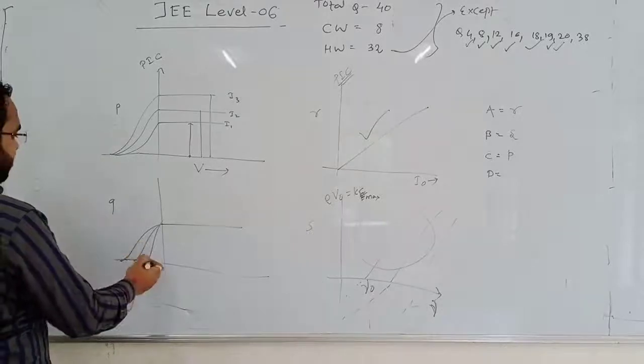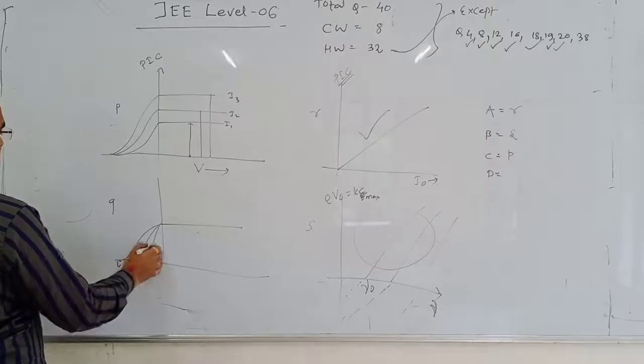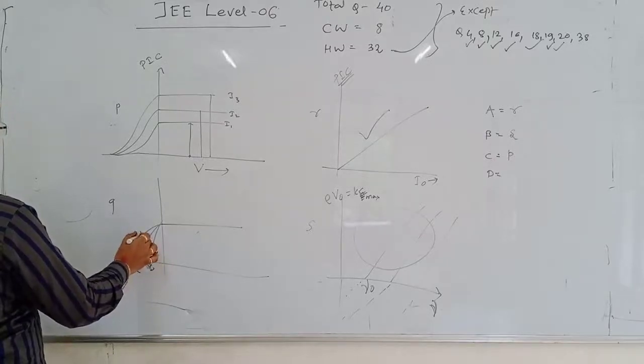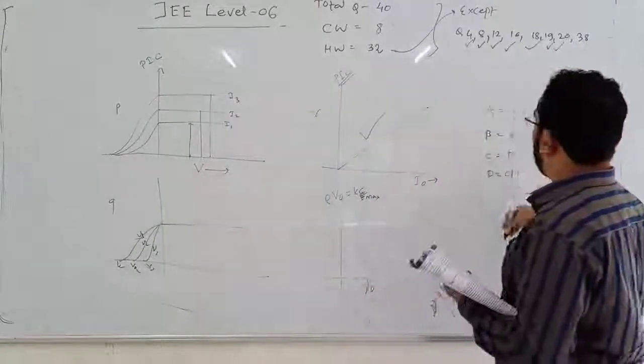So this is this curve, different frequencies, mu1, mu2, mu3. So this one is Q.